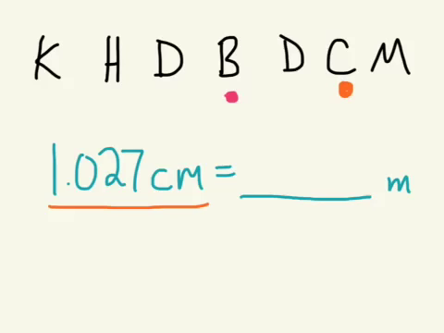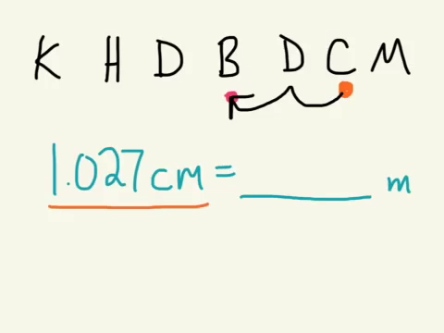So I need to go from C, centimeters, to B, which is just the basic unit, meter. In order to do that, I simply just have to take a few steps. To go from the C, centimeter, to B, basic unit, which is meter, I'm going to take 2 steps in that direction. Again, start here, 1, 2, I'm going in this direction.